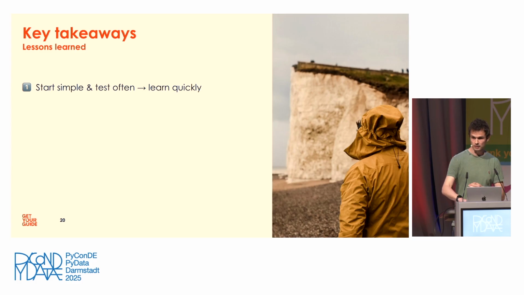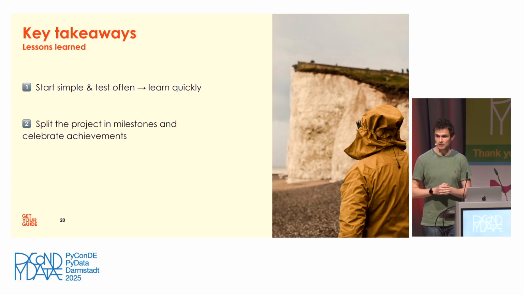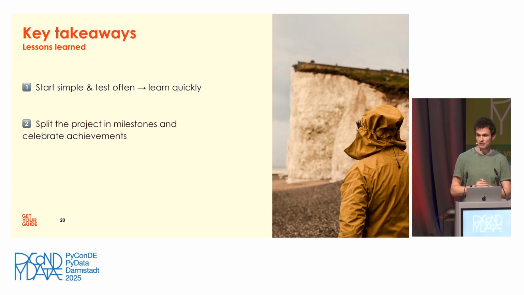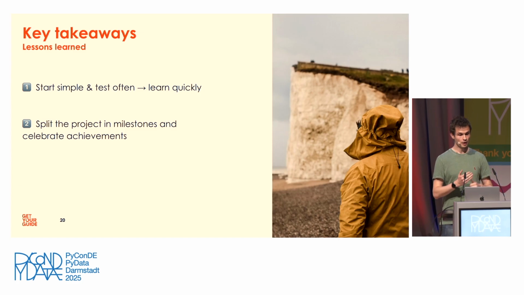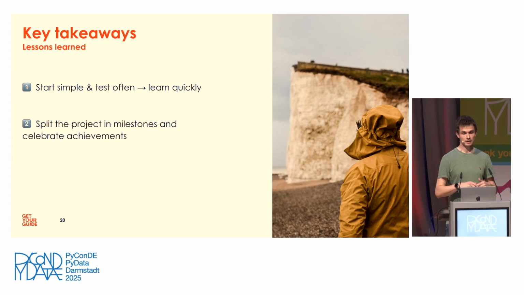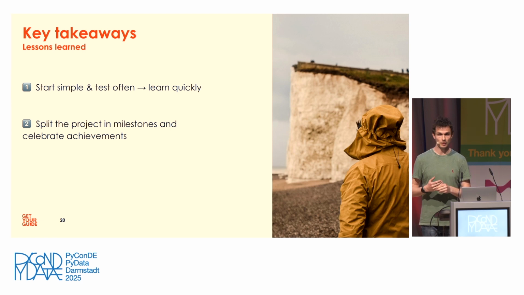The second takeaway that I think was very key for this project was to split the project into different milestones. Here we broke it into 3 milestones. The first one was to get the model to technical parity, then business parity, and finally to get business improvements. That allows us to celebrate the achievements and also helps show the progress to our different stakeholders.